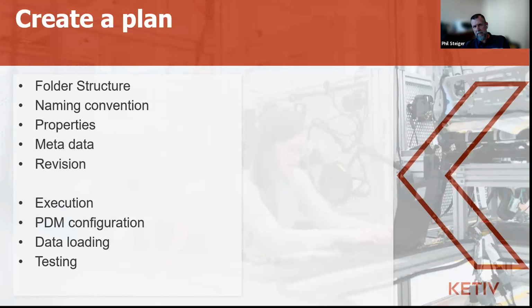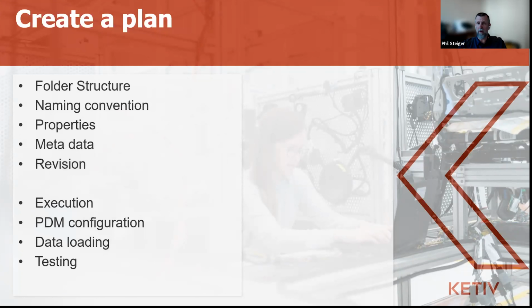So now that you have all this information, it's time to create the plan to prepare to take all your data and get ready to put it into a PDM solution. When you're creating that plan, things you're going to have to think about are folder structure, naming conventions, properties, metadata and revisions.